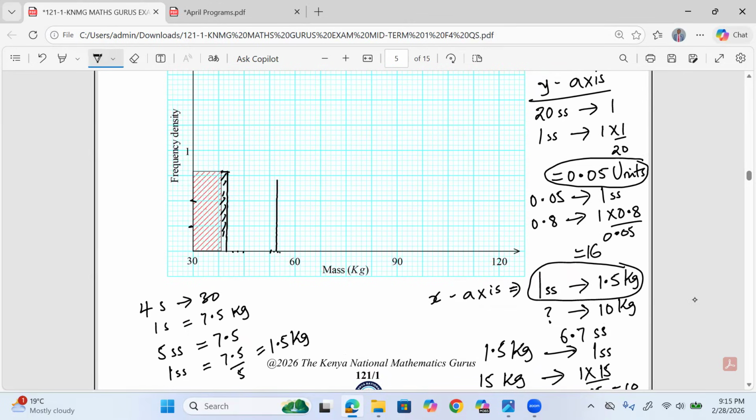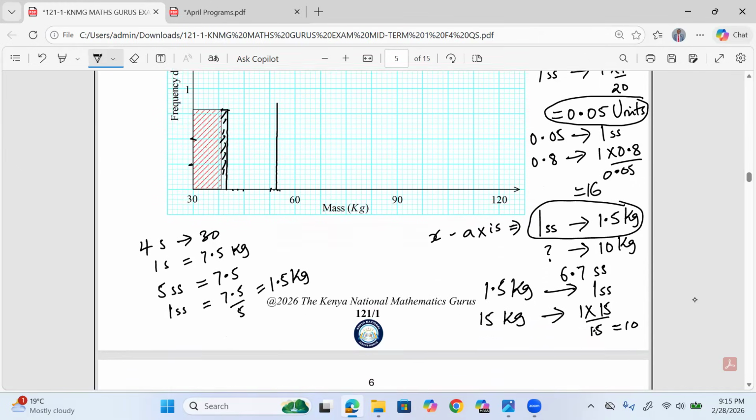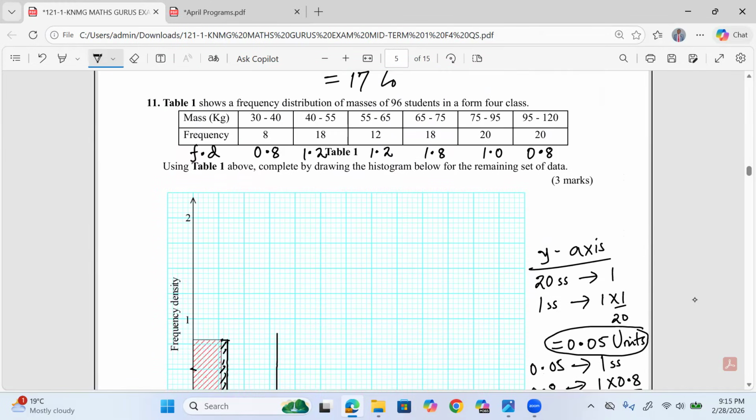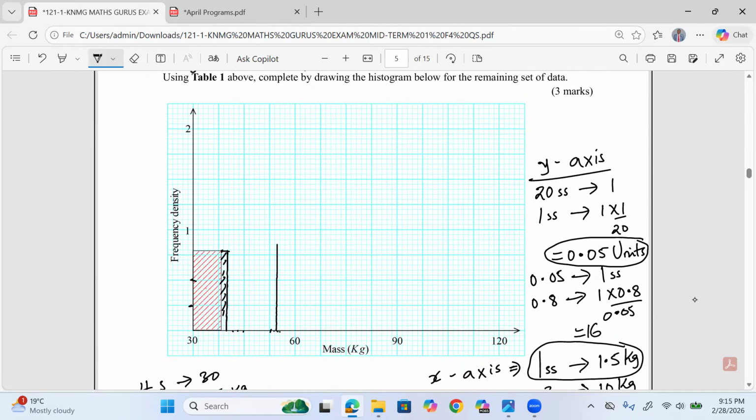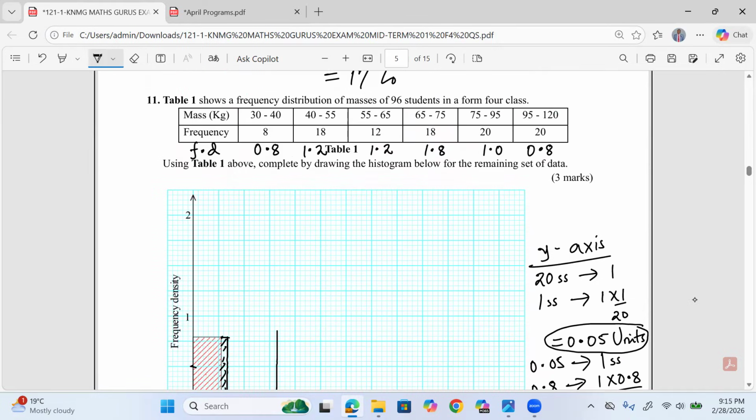What about upwards? So we shall move up to that point. Upwards now, we need 1.2 units. And we said 0.05 requires one small square. What about 1.2? So it will be 1.2 over 0.05. Yeah, we need 24 units upwards.